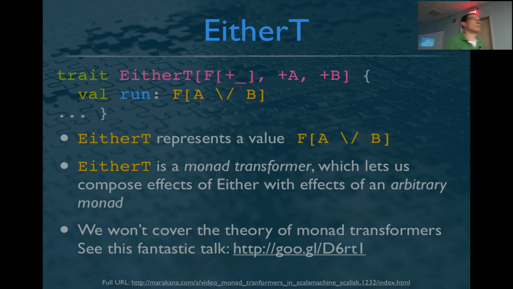Now, what does it do? Well, it's this idea of a monad transformer, and the idea of it is that it composes the effects of either, of disjunction, with the effects of an arbitrary monad F.